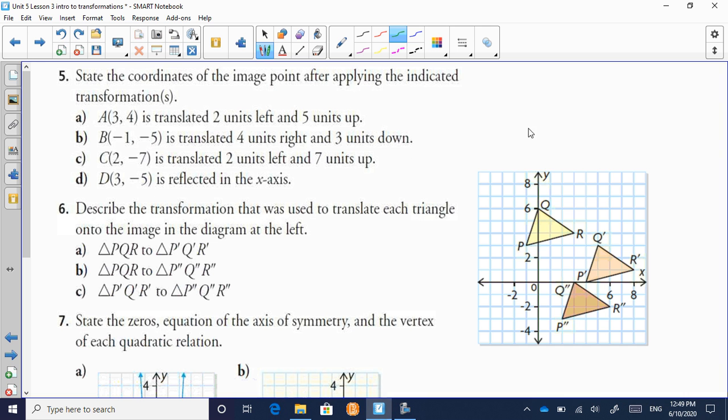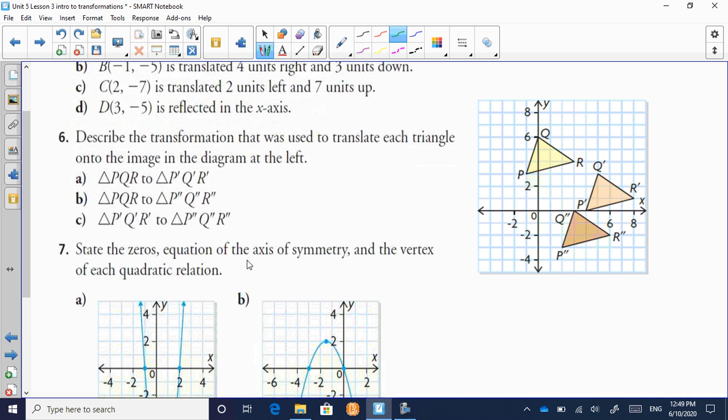Question number 5, it says, well, what if you moved this point 2 units left and 5 units up? So think to yourself, well, here 2 units left means it would be x minus 2, and 5 units up would be y plus 5. So that's getting you to practice that.